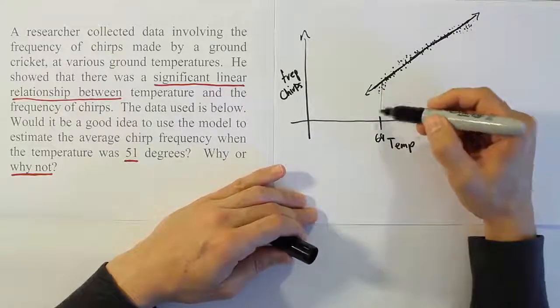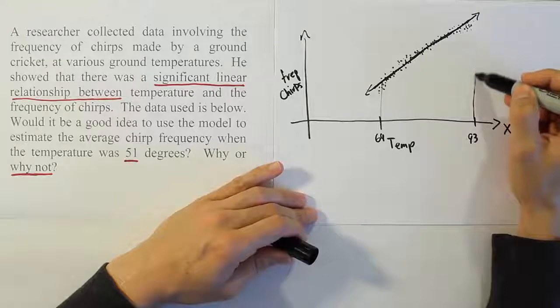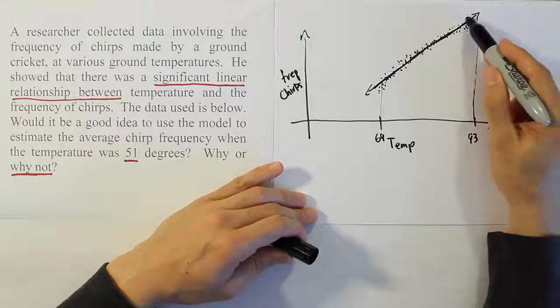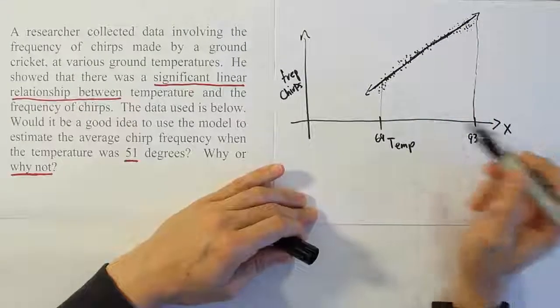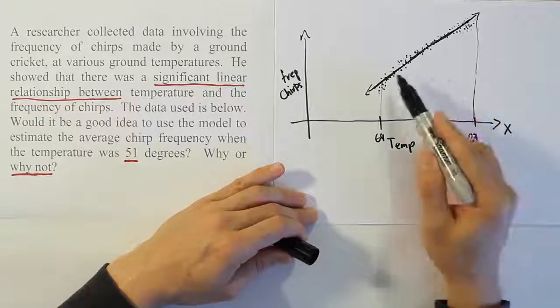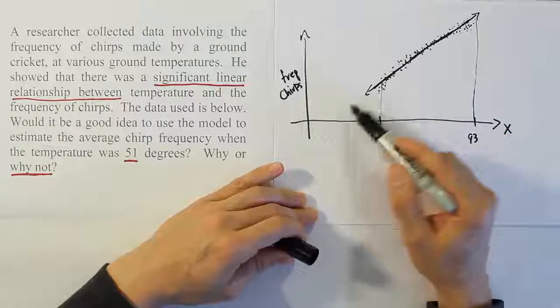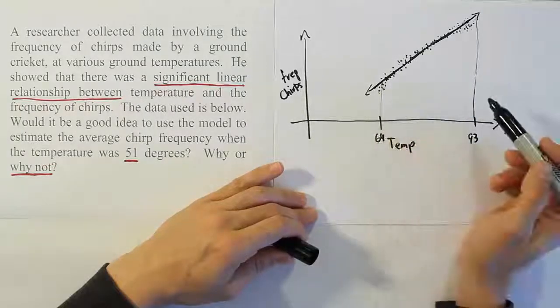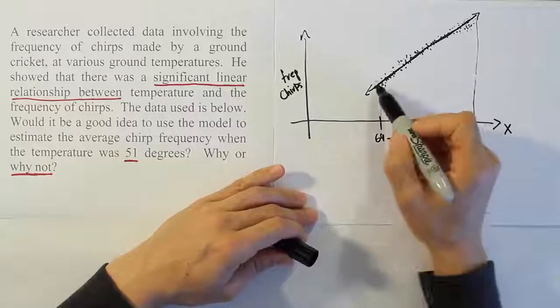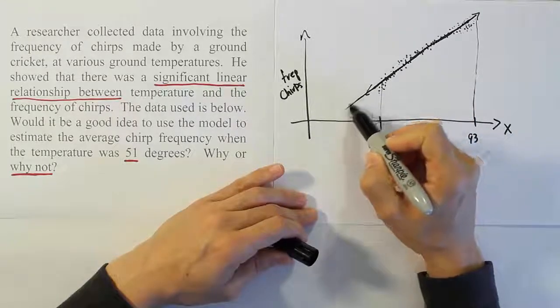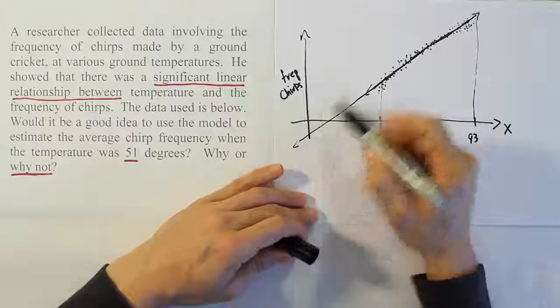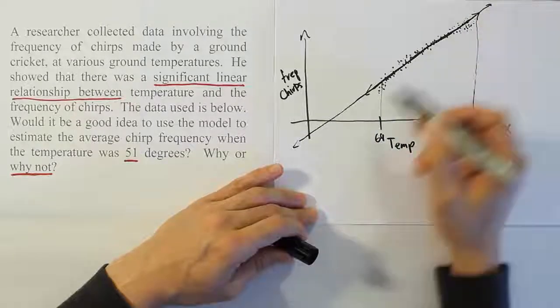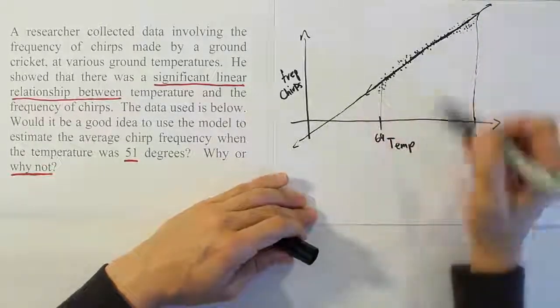That's within this temperature range from 69 to 93. If we don't have any values outside of that range, we don't know what happens outside of that. We don't know what the model would look like compared to the actual data outside of that. As you can tell, this model is going to continue to go down like this, if you followed the model to its logical points, because it's a straight line, so it keeps going off in those directions.